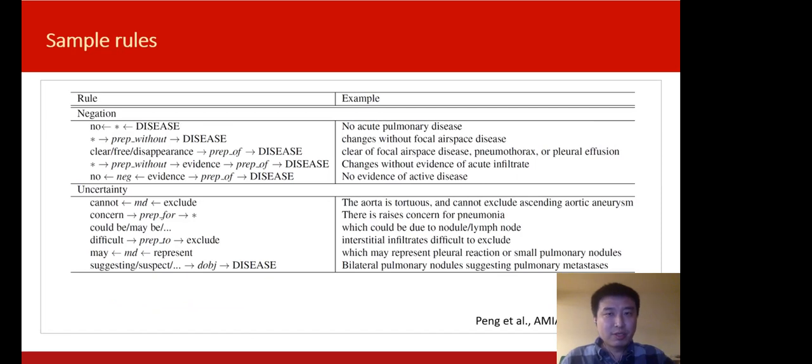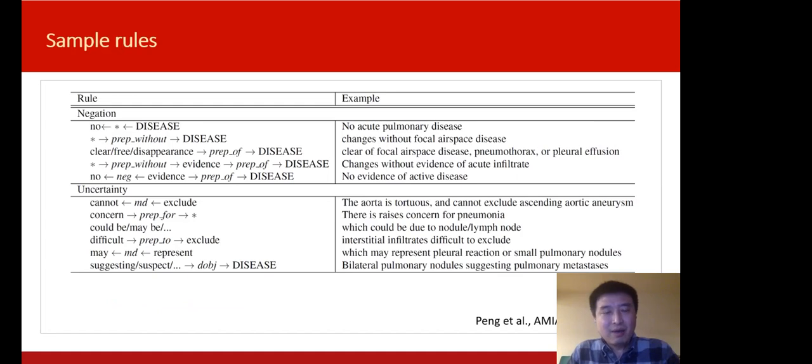Here I want to show you several rules that are frequently observed in the radiology reports. For negation findings detection, the most common rules are no disease, without disease, clear, free, or disappearance of certain disease, or without evidence of disease.